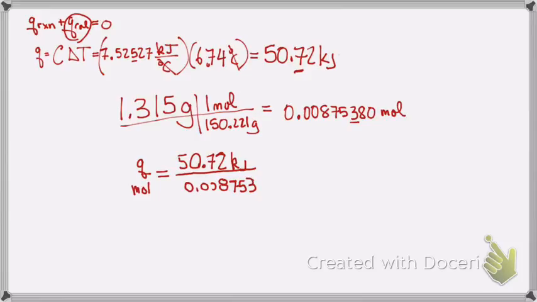A lot of skipping going on here. And then that comes out to be this gigantic number, but heats of combustion are often very large. 5,790. That's kilojoules per mole.